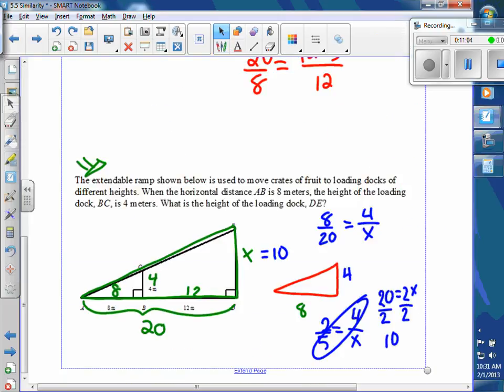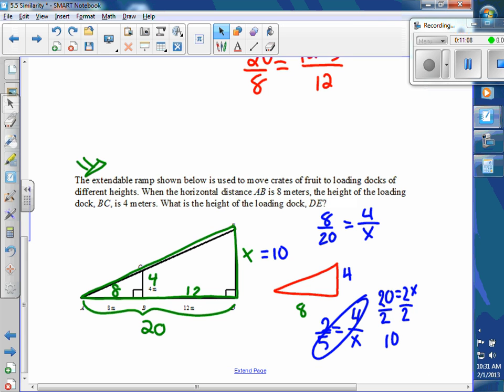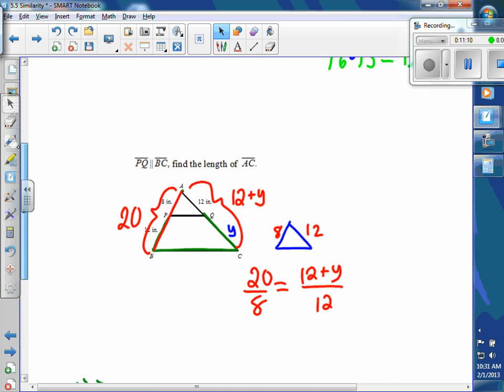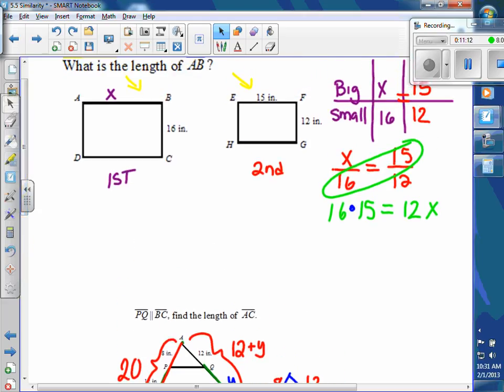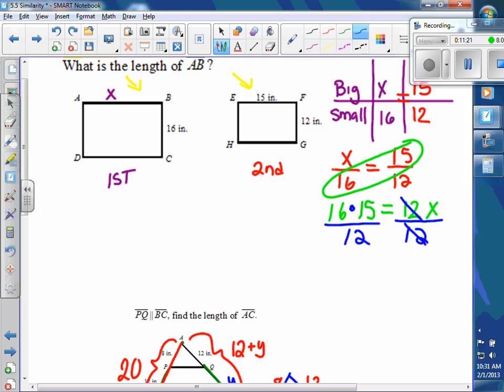And to solve that, we have to divide both sides by 12. So this reduces, and remember here, you can practice simplifying. So 4 goes into 12 3 times, and 4 goes into 16 4 times.